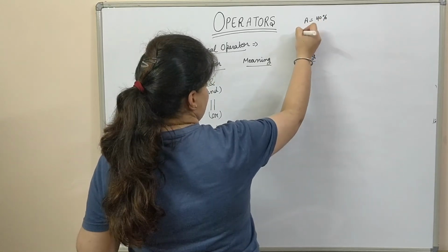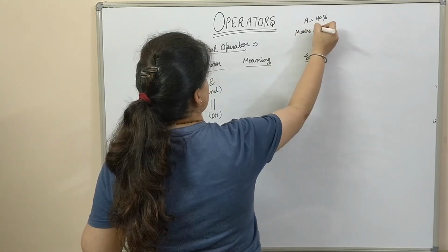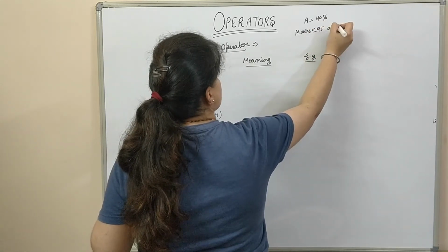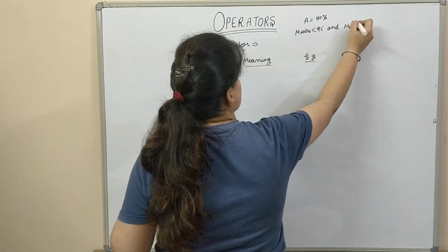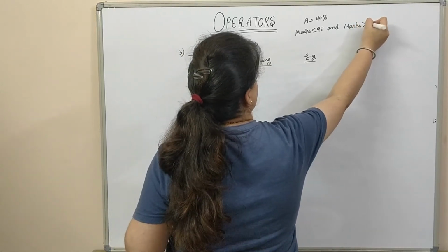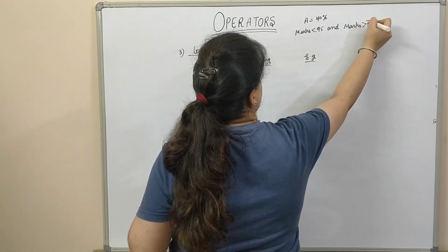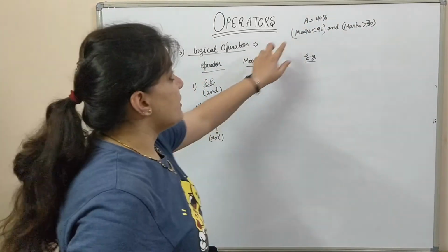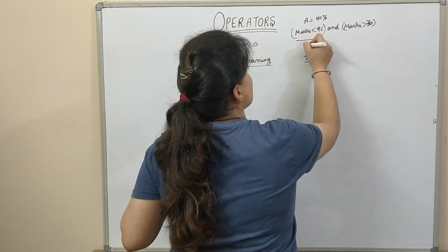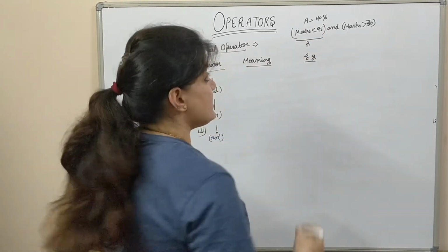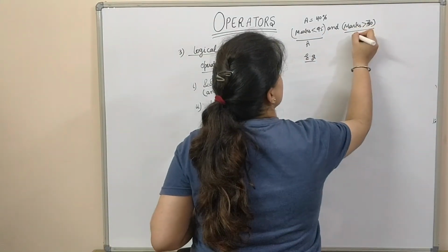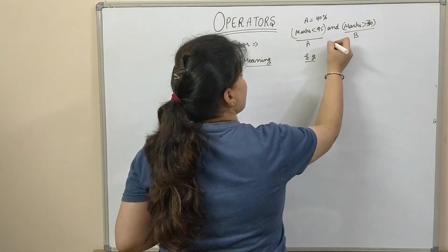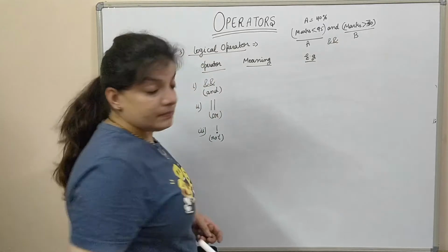First operand will be considered as marks is less than 95 and marks is greater than 30%. Okay, so in this case this first condition will be considered as operand A and the second condition will be considered as operand B. Okay, and in place of this and we will write this symbol.